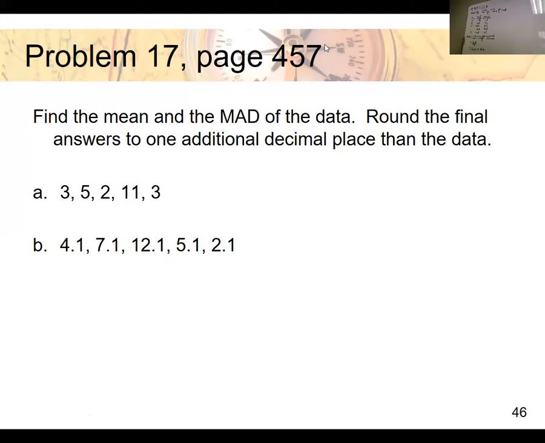Now in part B, we have each of those data values to one decimal place, so that means it's got to be 2 decimal places when we give our answer.